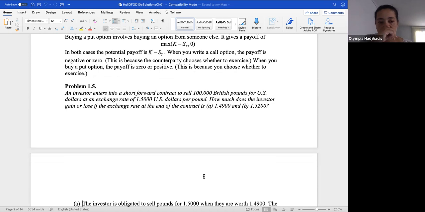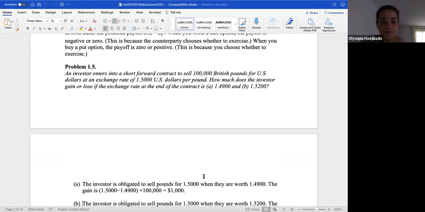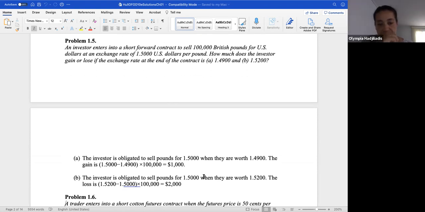So problem 1.5, an investor enters into a short forward contract to sell 100,000 British pounds for US dollars at an exchange rate of 1.5 US dollars per pound. How much does the investor gain or lose if the exchange rate at the end of the contract is A, 1.49 and B, 1.52? For A, the investor is obligated to sell pounds for 1.5 when they're worth 1.49.